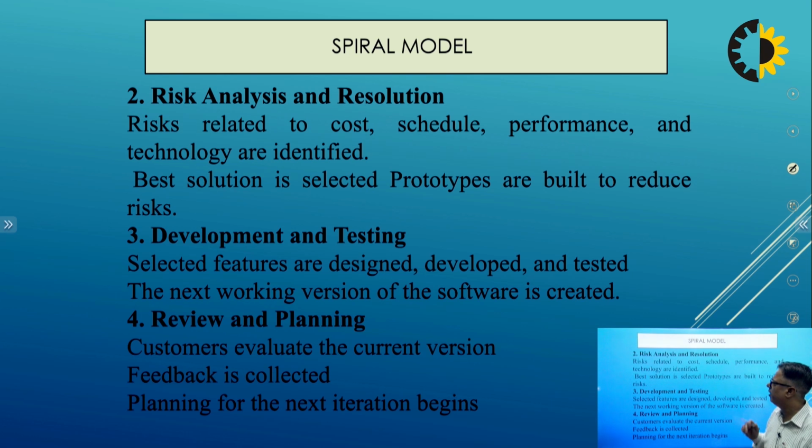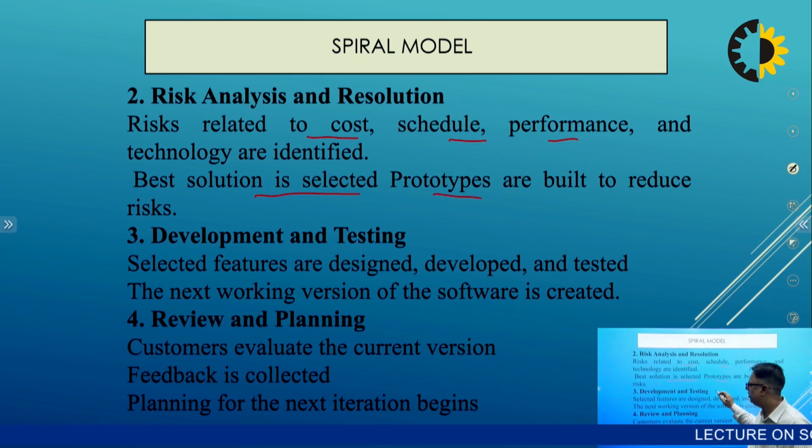Second is risk analysis and resolution. Risks related to cost, schedule and time, performance and technology are identified in the second phase. The best solution is selected, and prototypes are built to reduce the risk.